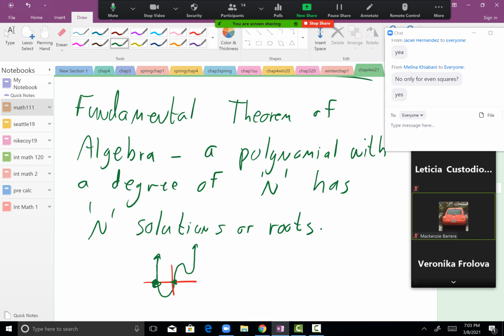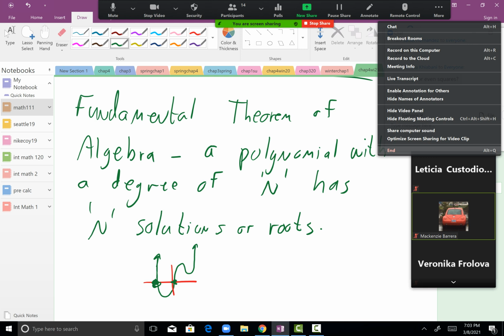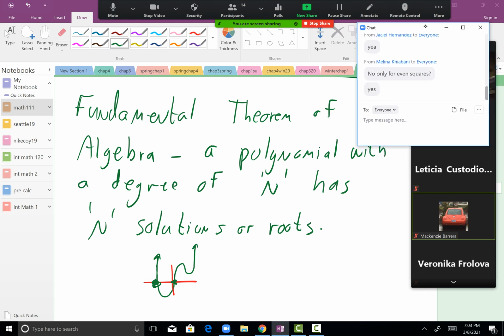Any ideas on what the other 2 could be? What kind of numbers they are? Imaginaries.